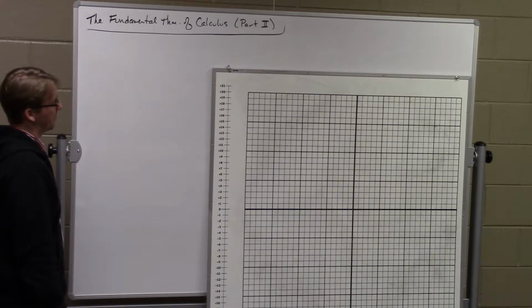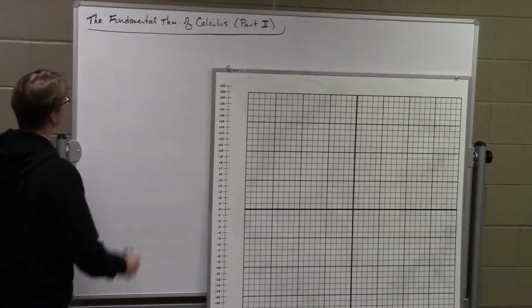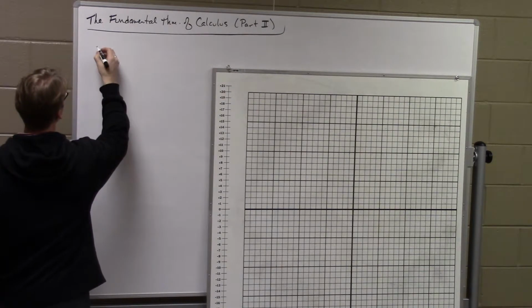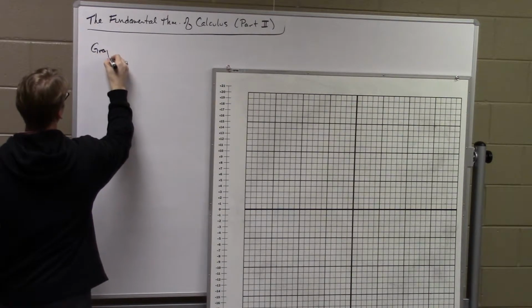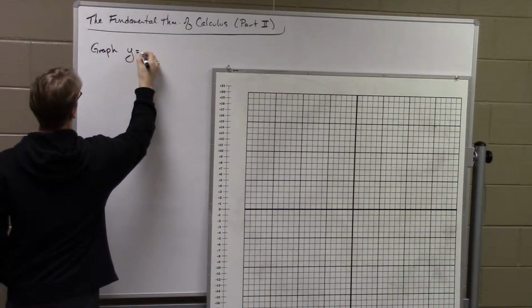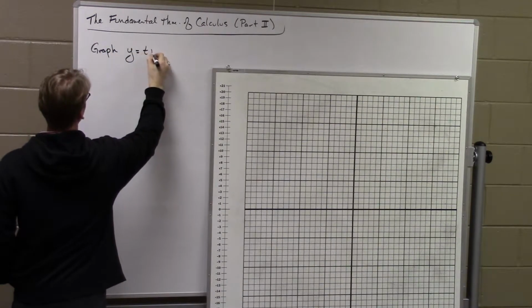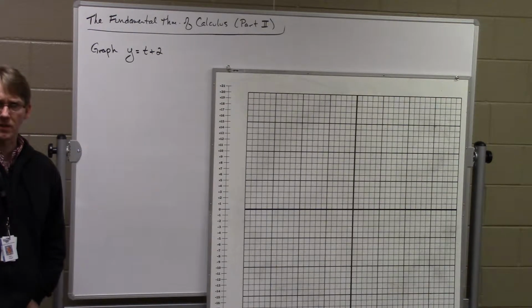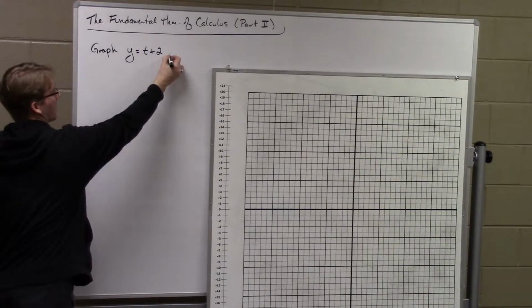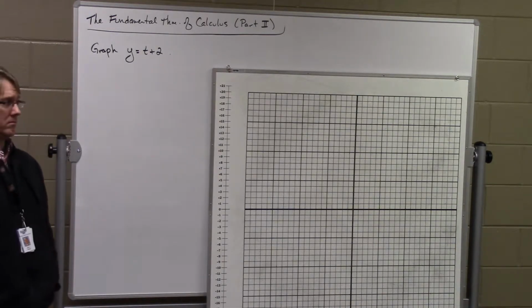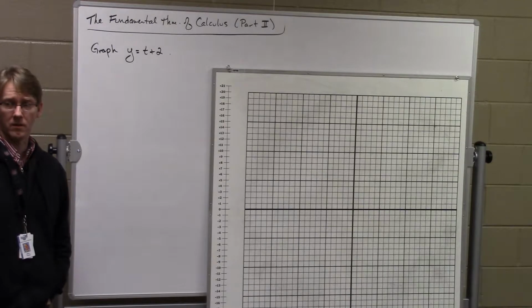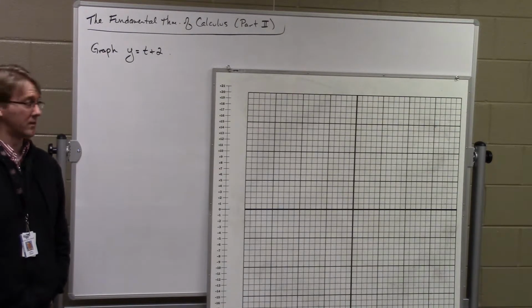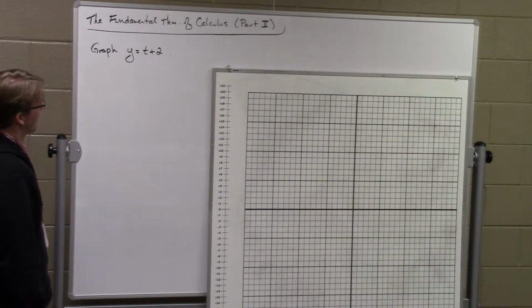Okay, could you people graph this? Could you graph that? How hard would that be on a scale of 1 to pi? Negative pi. Graph it for me.